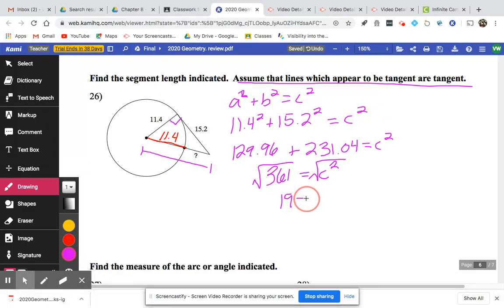It's 19. How about that? So this purple length is 19. To find the missing value, we take 19 minus 11.4, and that gets us a grand total of 7.6. And that's my missing value, 7.6.